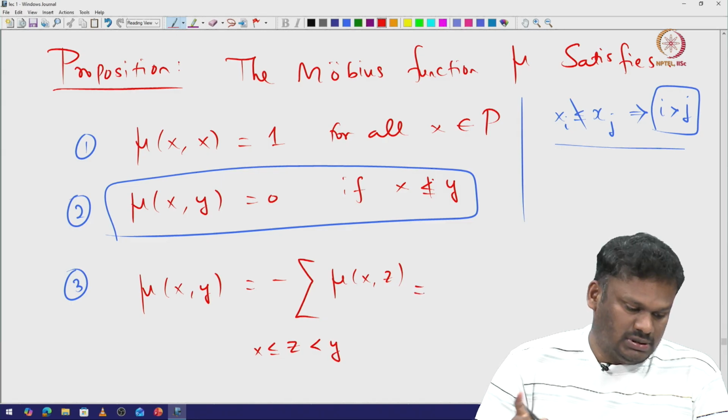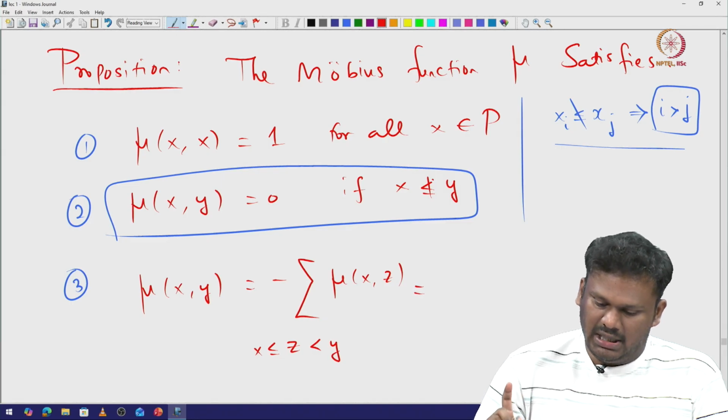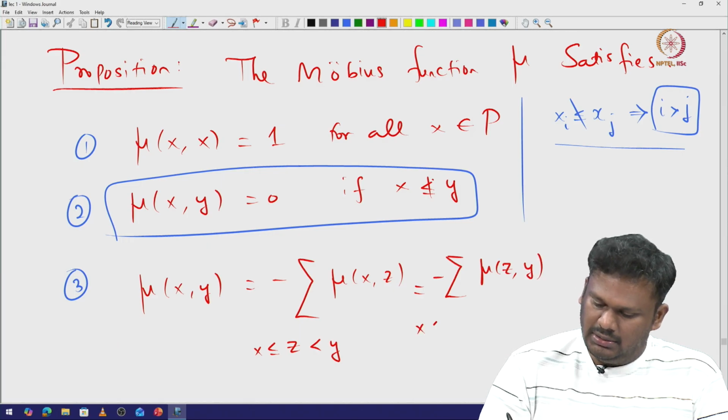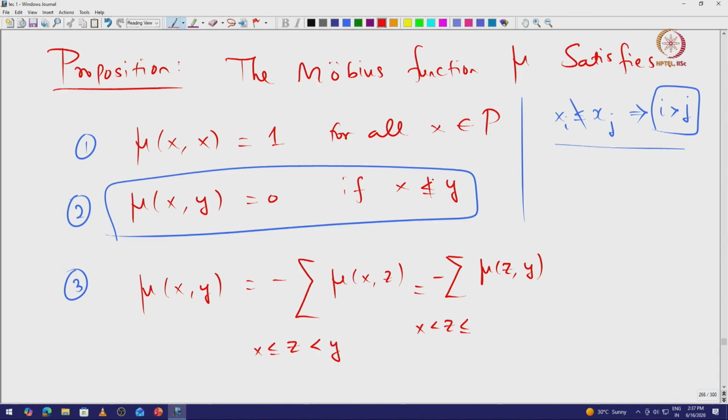Similarly, if we use the other relation, Z M being identity, we get this is the same as minus the summation of mu of z comma y, where z lies in the interval open at x and closed at y. This is the most important relation, which tells us how to compute the Möbius function by induction. So, these are the three important defining properties of the Möbius function.